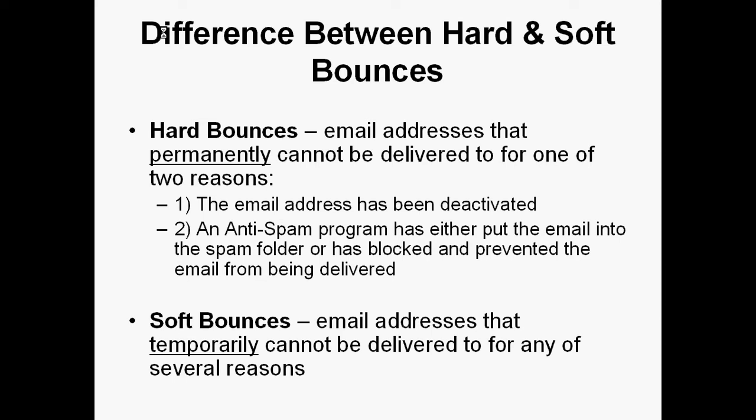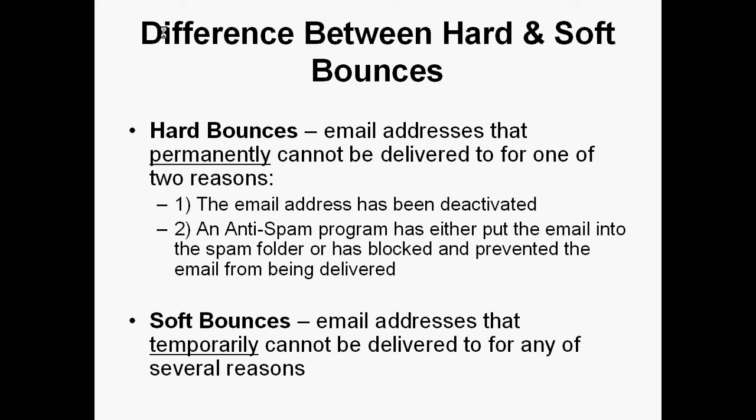Both of these will come up in the bounce reports in various ways, as we'll take a look at towards the end of the webinar, and we'll see how these reports are made. Soft bounces are different. A soft bounce is where an email address temporarily cannot be delivered to for any of several reasons. In other words, when you try to email an account that exists and is still active, but for some reason it temporarily cannot receive the email, that is a soft bounce.